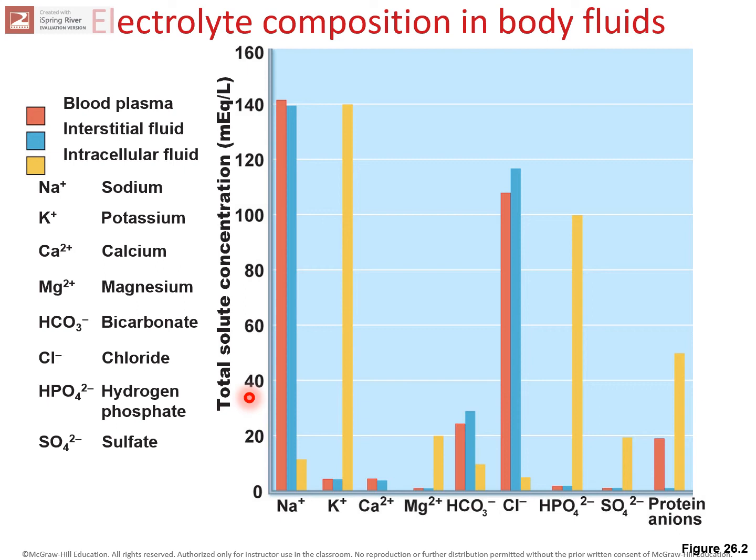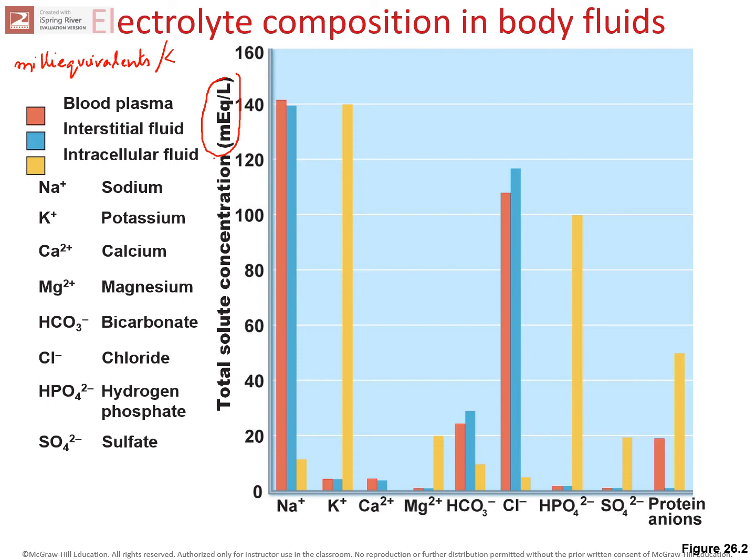In the body, fluid electrolyte concentrations are most commonly expressed in terms of milliequivalents per liter. Okay, mEq stands for milliequivalent per liter. This measures the number of electrical charges in 1 liter of solution.